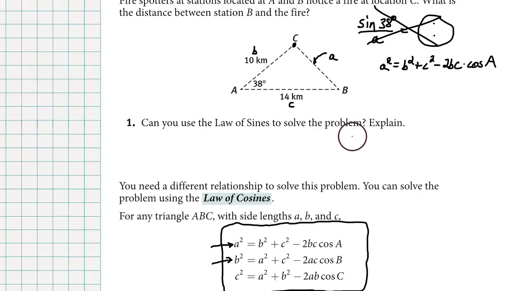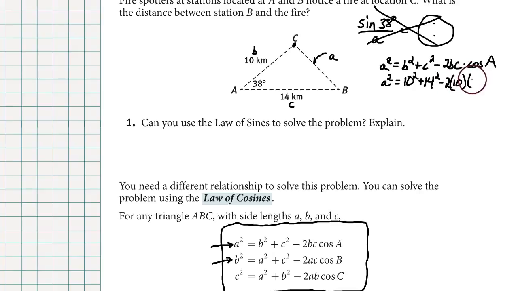Now let's make substitutions. The lowercase a is the letter that we're solving for, so we don't know the number to plug in, so we'll leave it as a squared. We do know lowercase b. We can fill in the 10. We do know lowercase c. We can fill in the 14. Minus 2 times, for lowercase b, fill in the 10 again.